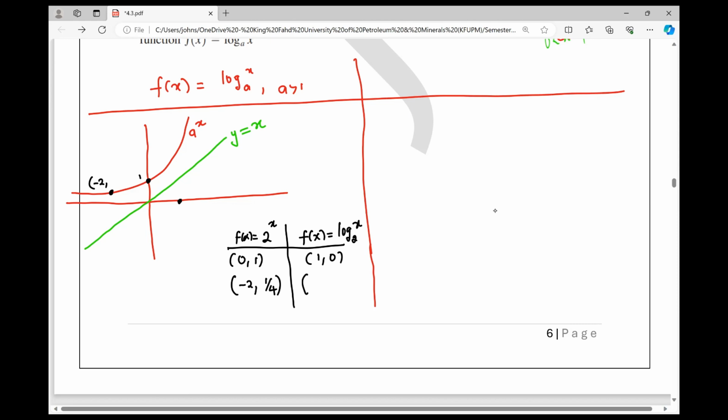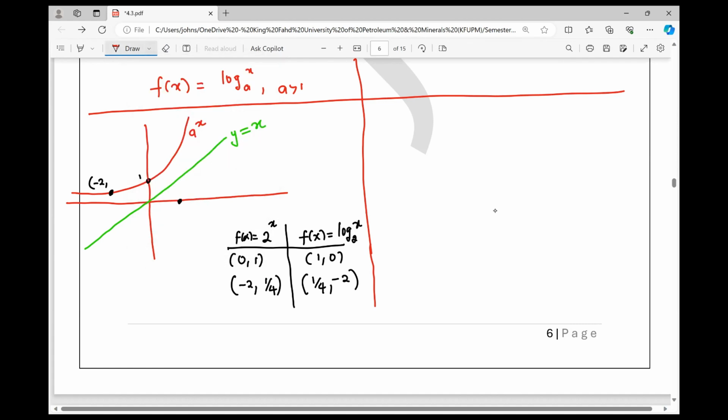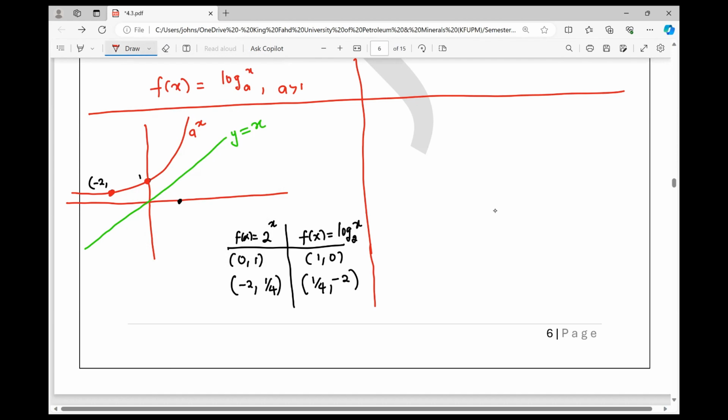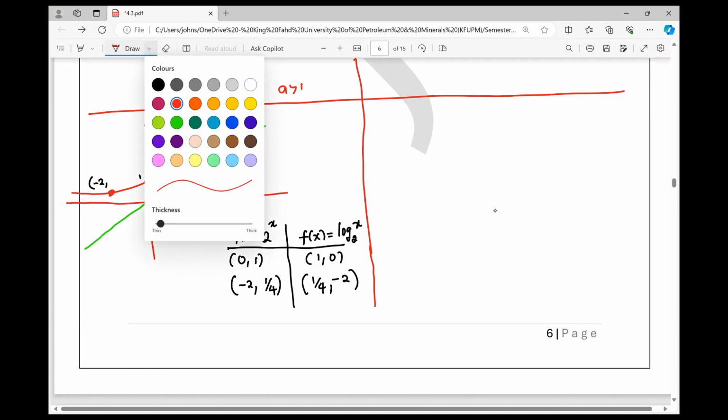So it means here it is going to be (-2, 1/4). Let me put it in red. So this point will become this, (1/4, -2).